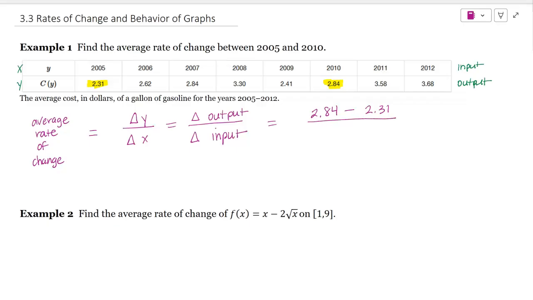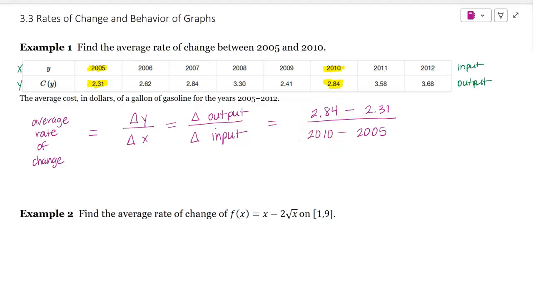And then I'm going to divide by the input values, 2010 minus 2005. The first two numbers are the ending point, and then the second two numbers are the starting point.